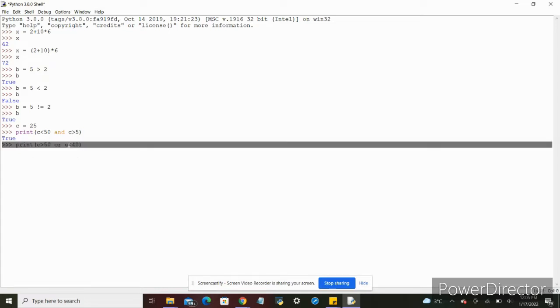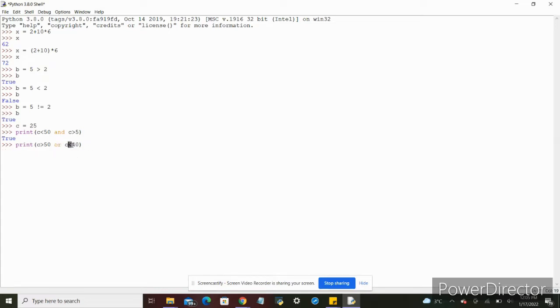If either one, not both, is true, then the entire statement is correct. And if I press enter, it says true. C is definitely not greater than 50, but it is less than 40.